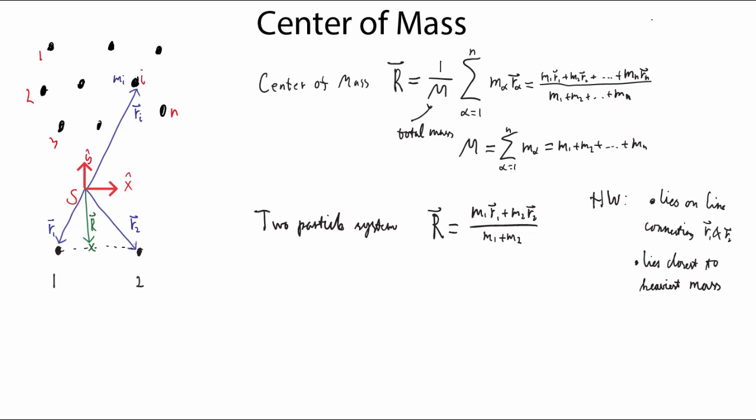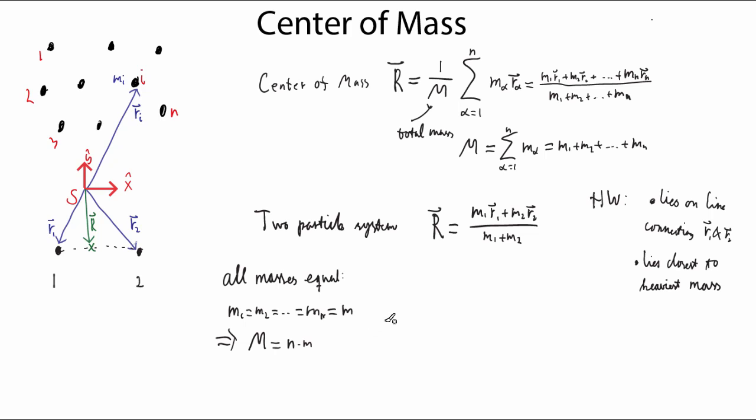The other important case to consider is if all masses are the same. So that means that m1 equals m2 equals all the other masses, and that just equals m, which gives us the total mass, capital M, is just n times m.